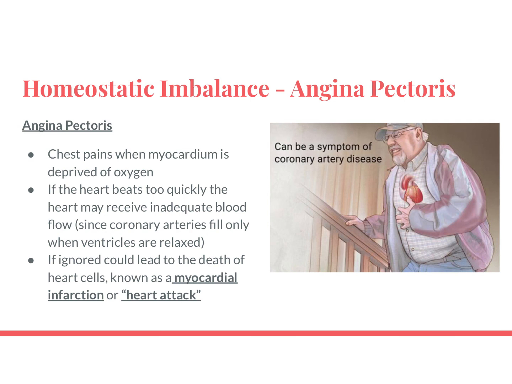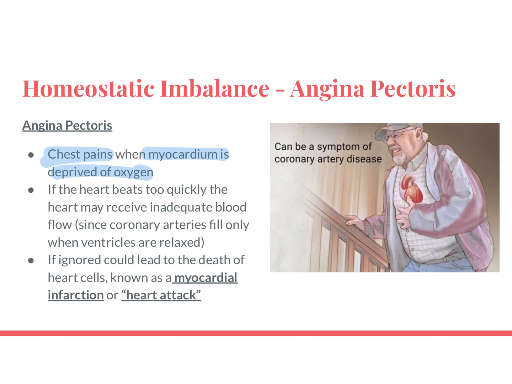Okay, and then the last thing we're going to talk about today is a homeostatic imbalance that is related to your coronary arteries. And this is angina pectoris. Angina pectoris is really just a fancy word for chest pains. So chest pains or angina pectoris can be due to a few different reasons, but typically it's when the myocardium, the heart muscle, is being deprived of oxygen.